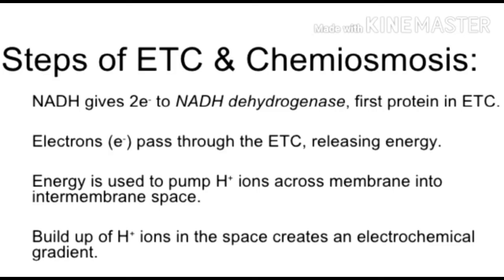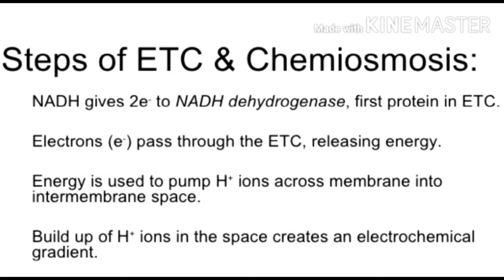We can see a few steps in the electron transport system, otherwise called chemiosmosis. The first step is NADH gives rise to two electrons to NADH dehydrogenase. The second step is electrons pass through the electron transport chain, releasing energy.